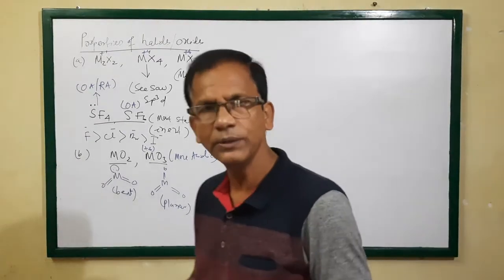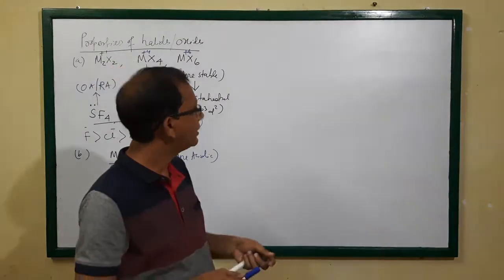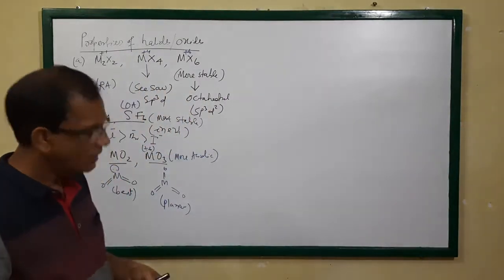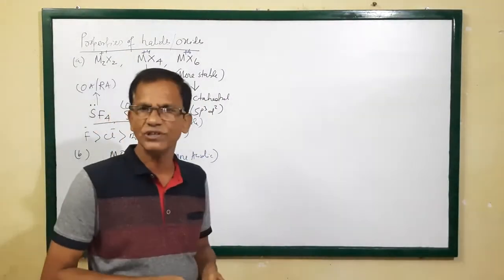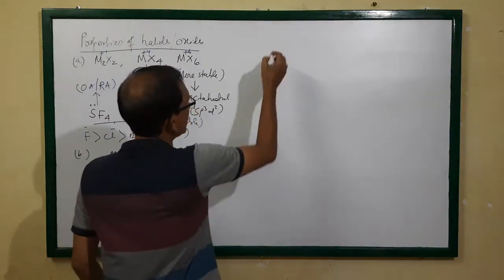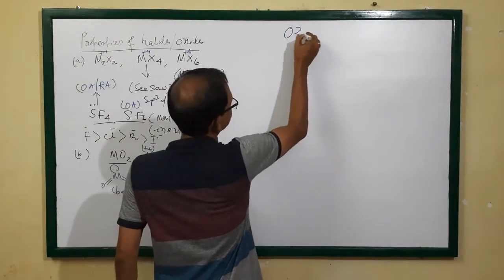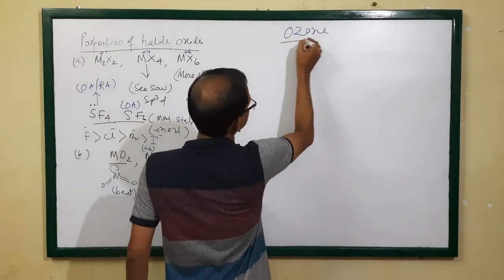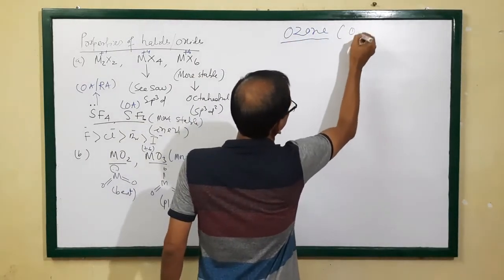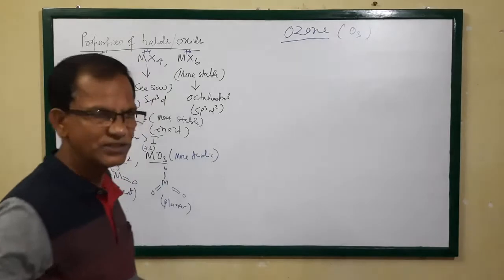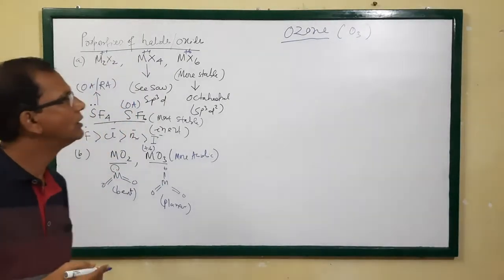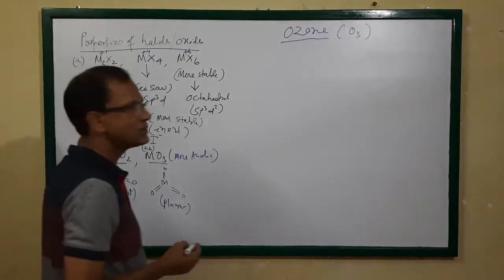Now we'll discuss a very important part of this chapter, that is preparation, properties and usage of ozone. Ozone is O3. What is the preparation of ozone?